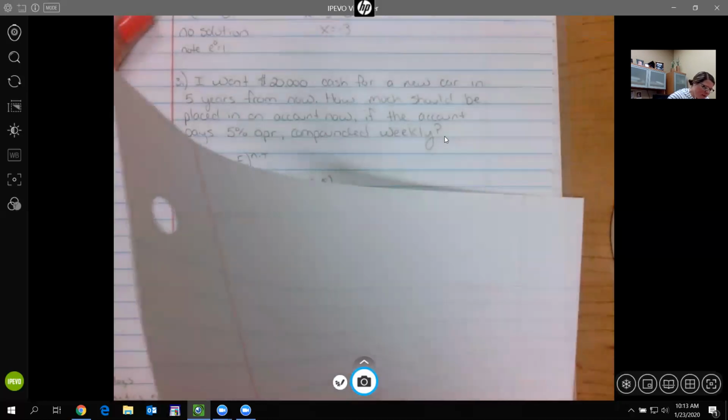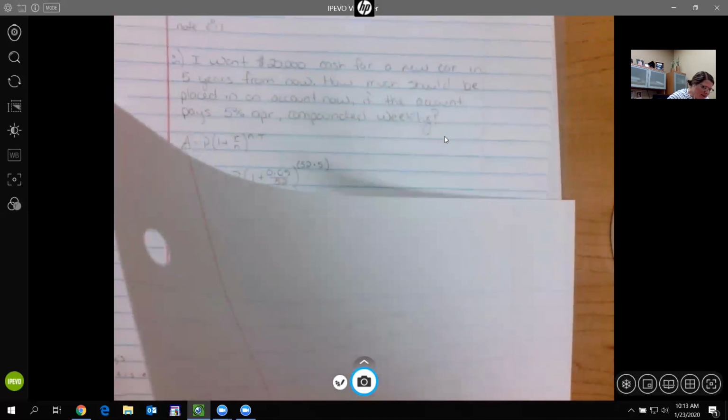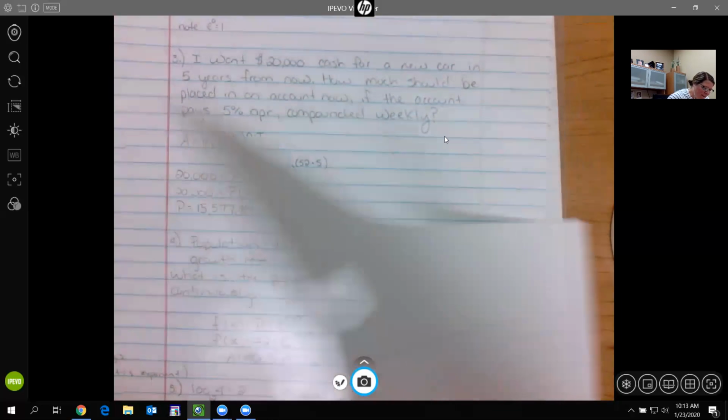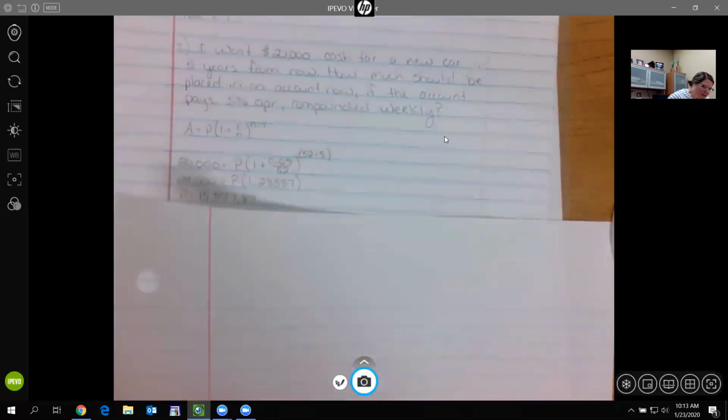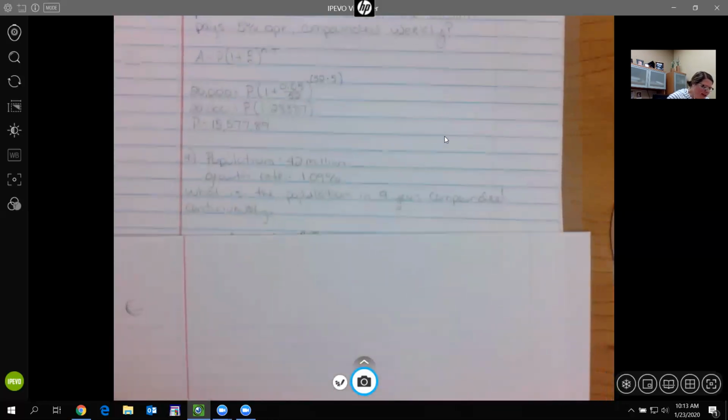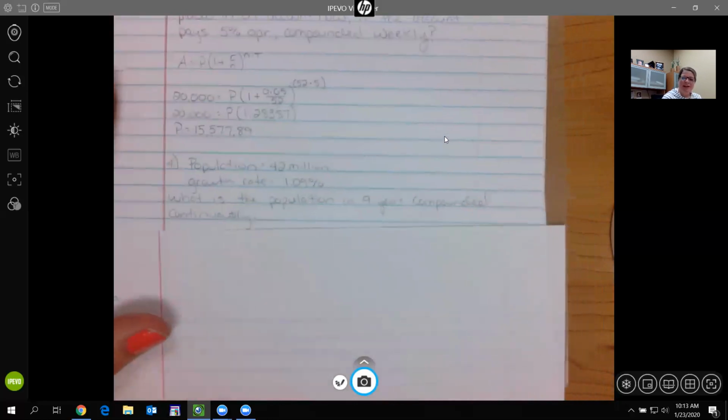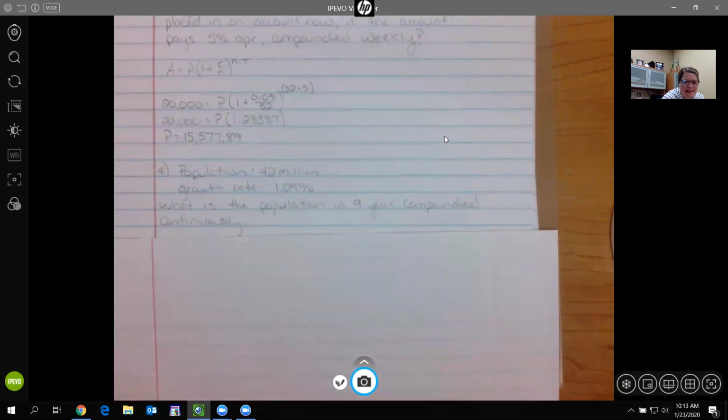Okay, so we could see something that is compounded continuously. This starts to bring in that e, so it's slightly different. This could be money. It could also be bacteria in science. It could also be population.